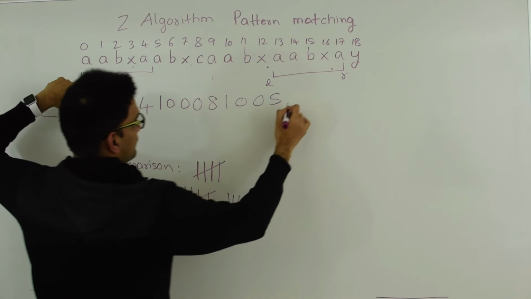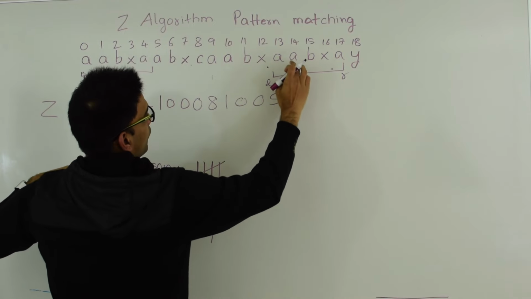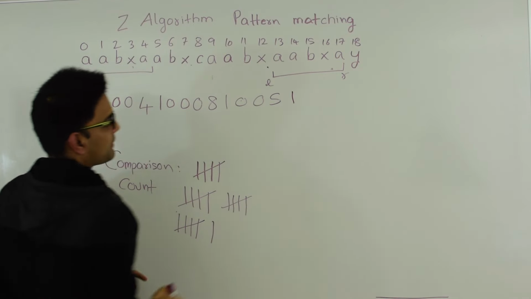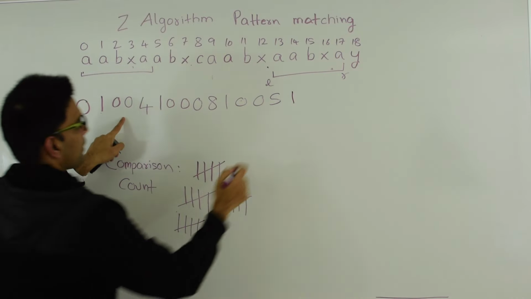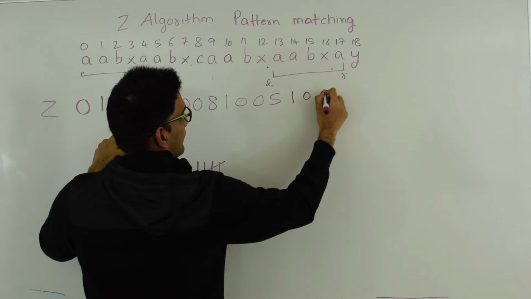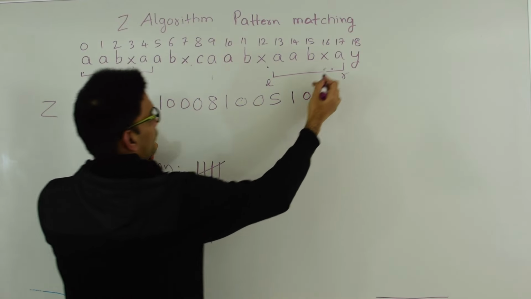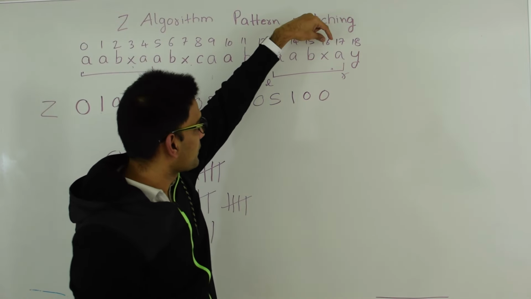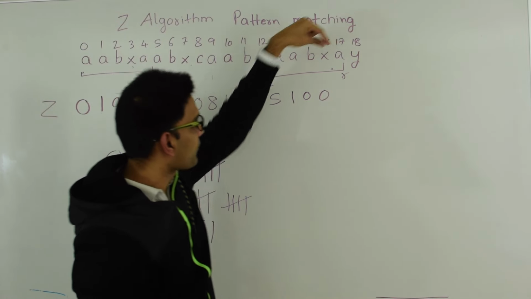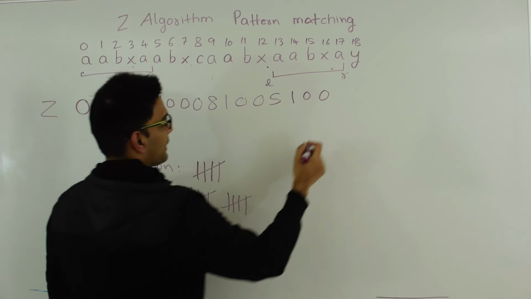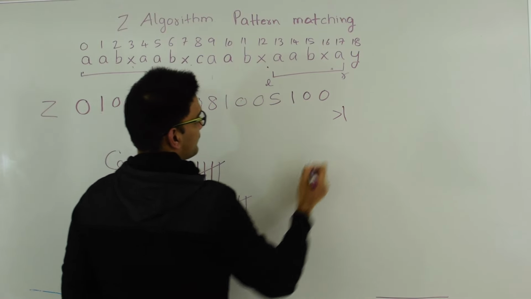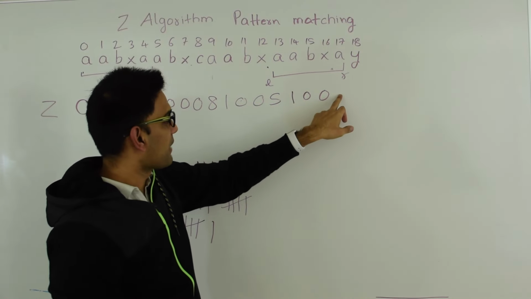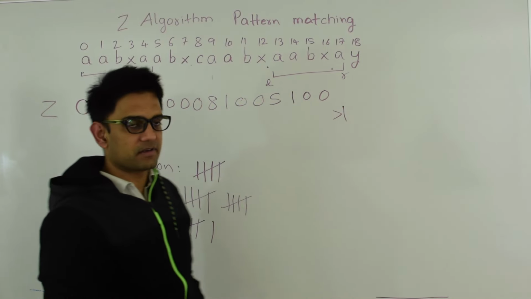So 1 will go here directly because 1 plus 14 does not touch the right boundary. Then 0 and 0 will go here directly. What about this 4? Can this 4 go here directly? No. What we are guaranteed is that whatever the difference of this guy from the right bound is, we will at least have that many characters. So we'll at least have one value here, and we have to do further matching.